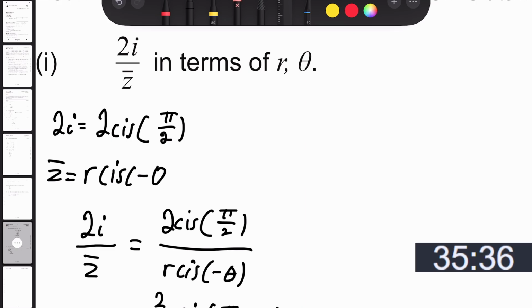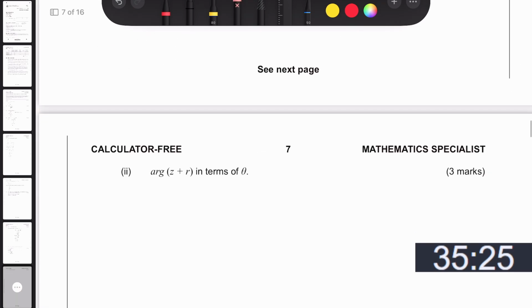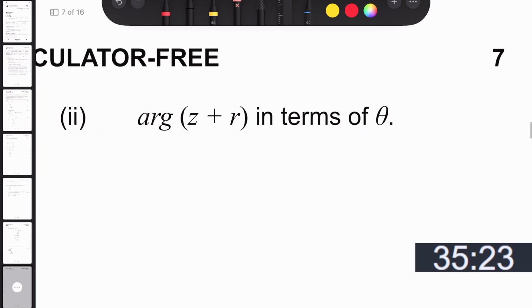I was pretty sure I have to conjugate to get it down here, and that's theta, and that's theta, but negative. Yeah, okay.